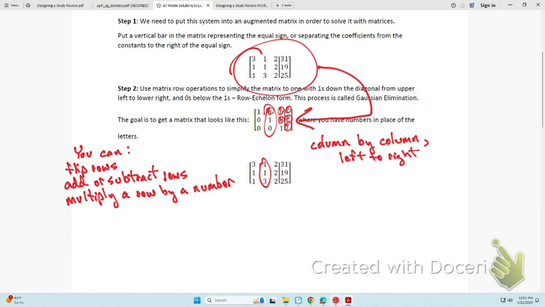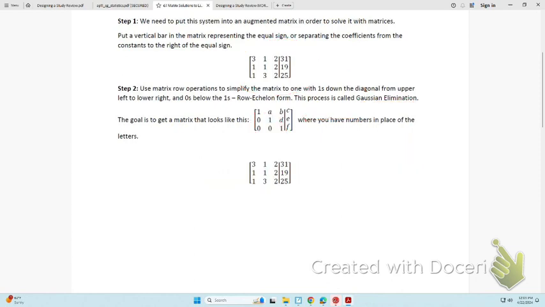What we care about is we need a diagonal of zeros and a diagonal of ones, and we need zeros underneath those ones. That is the key. It's called the row echelon matrix, and the process is called Gaussian elimination. It was this guy Gauss that came up with this concept. So let's give it a shot.